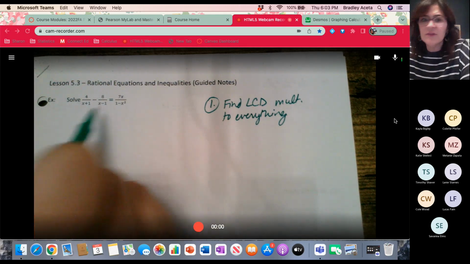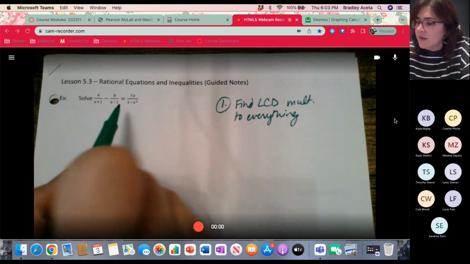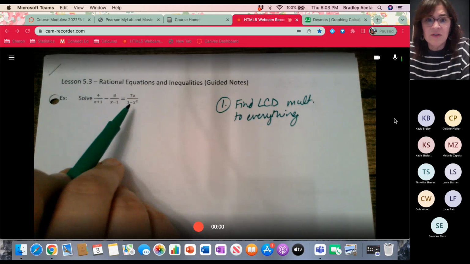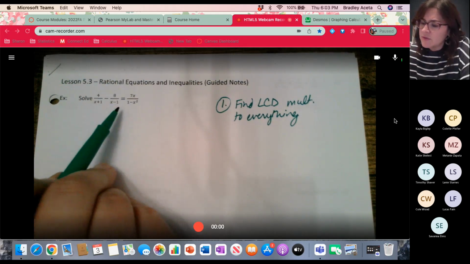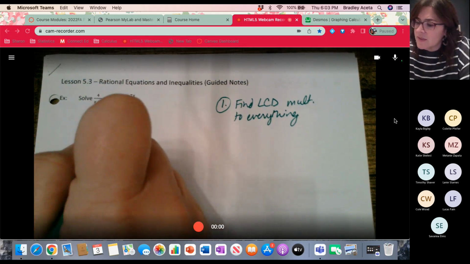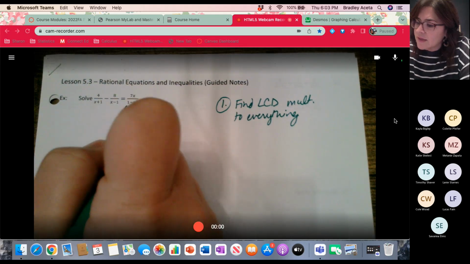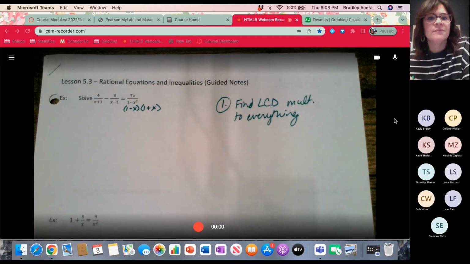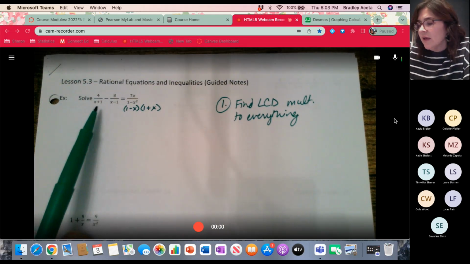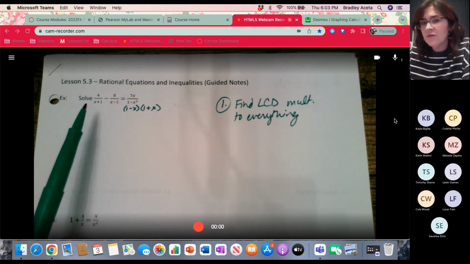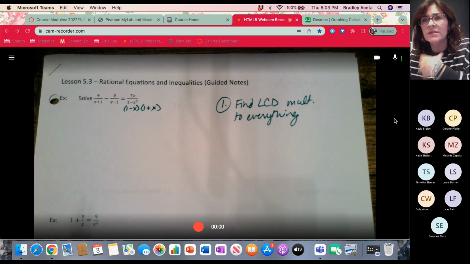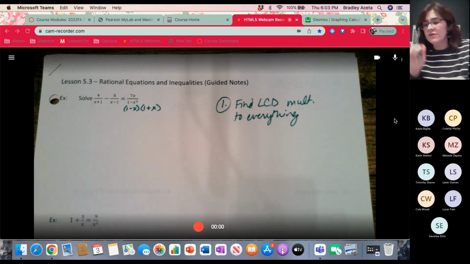So in looking at this one right up here, first of all, you want to make sure everything is in a factored form because you're trying to find the lowest common denominator. This one would factor into 1 minus x, 1 plus x. But my common denominator needs to be, if you remember finding common denominator, the lowest common denominator that all the terms can go into.